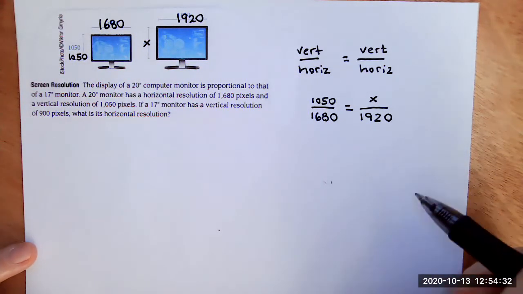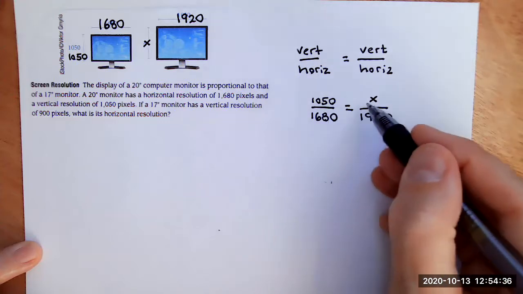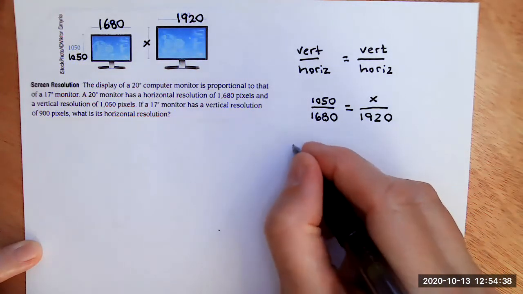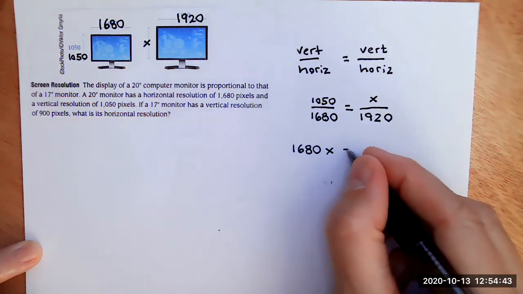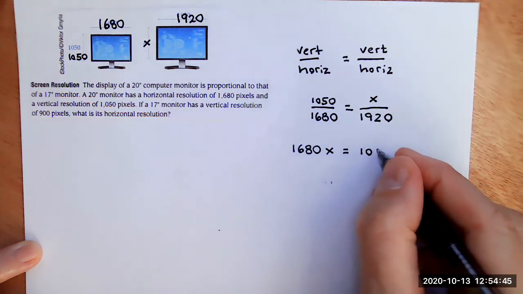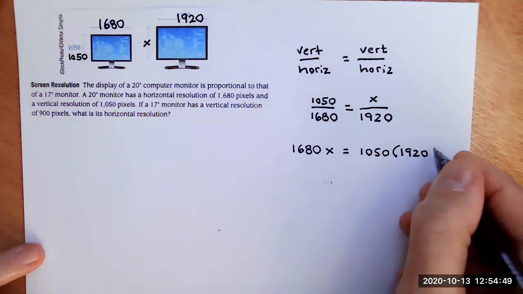So this is a rational equation with no terms, so that means I can cross multiply. That's 1,680 times X is 1,050 times 1920.